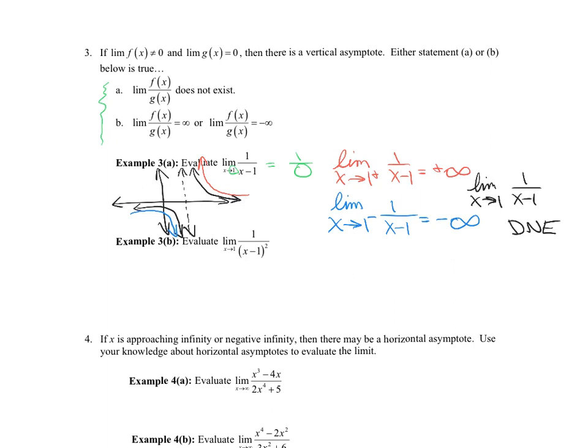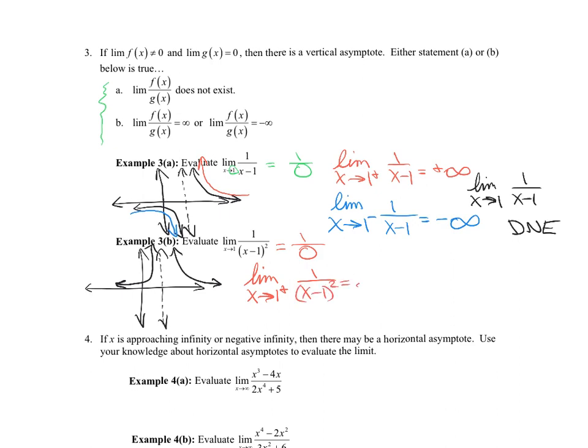In example 3b, again, if you substitute 1 in for x, you end up with 1 over 0. So, graph a quick Cartesian plane. We have another vertical asymptote where x equals 1. The branches in this problem, however, look slightly different. So what you notice is the limit as x approaches 1 from the right side is positive infinity.